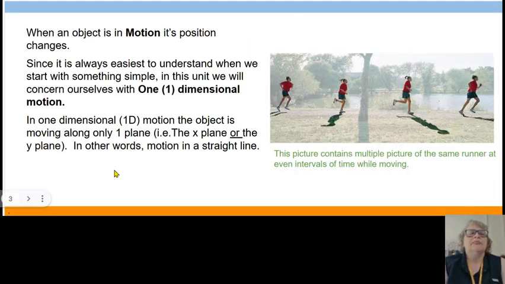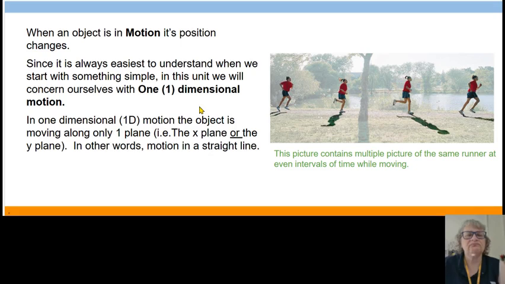Okay, so when an object is in motion, its position changes. So if you're looking at this picture, it's the same person. It's just multiple pictures placed one on top of the other. And you can tell that this person is moving because her distance is changing.